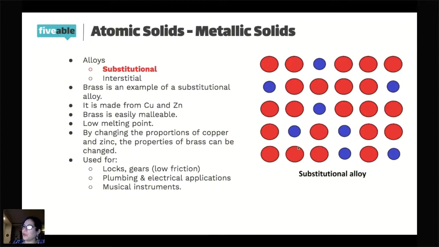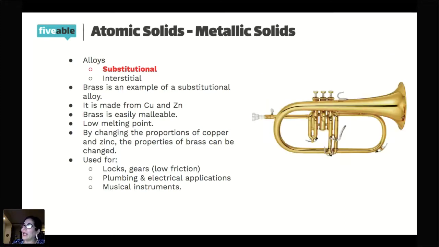And that's a substitutional alloy because the main component is copper, and zinc is introduced, whose atoms are similar in size to the atoms of copper, so we can change its properties as we substitute atoms of copper with zinc atoms. Okay, and that's an example, musical instruments.